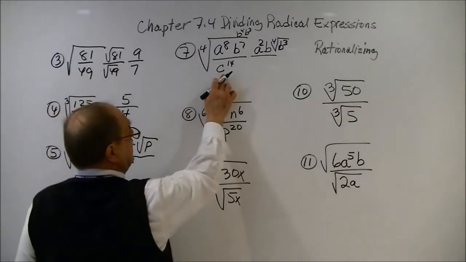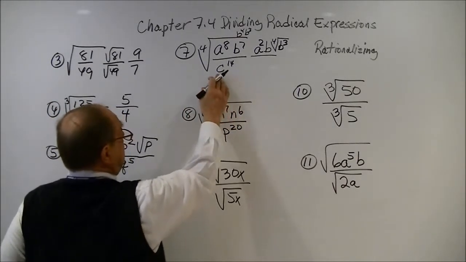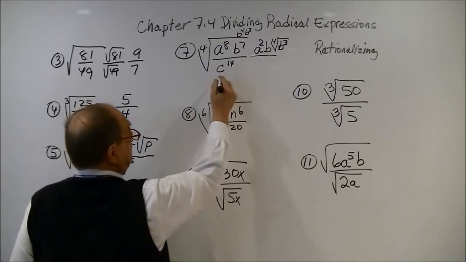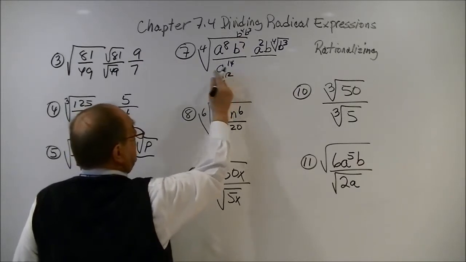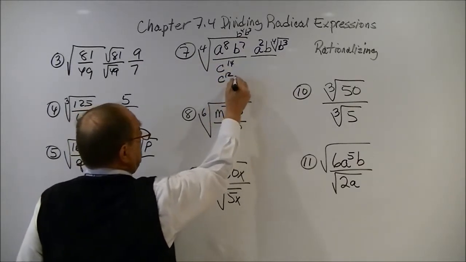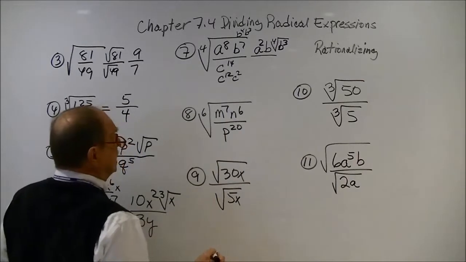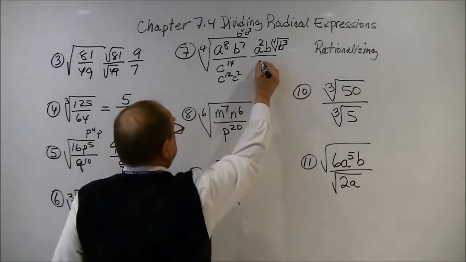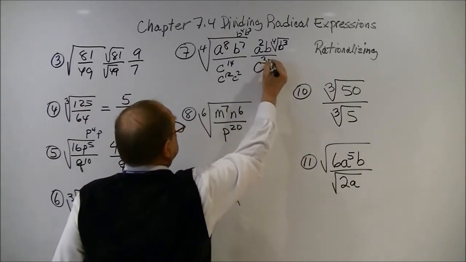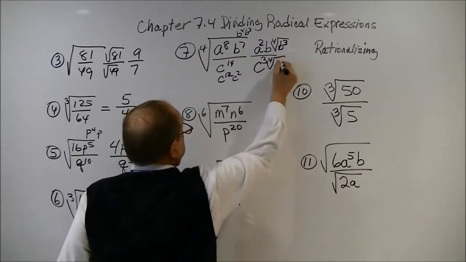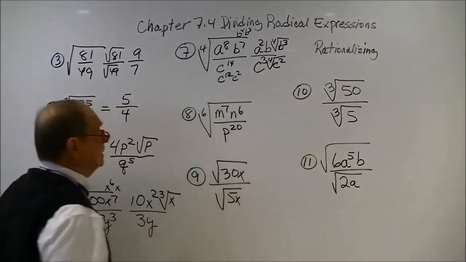And down here, again, you're going to be able to take out a 12. c to the 12th is a perfect fourth, and you're left with c to the 2nd. So this will be c to the 3rd, the 4th root of c squared.